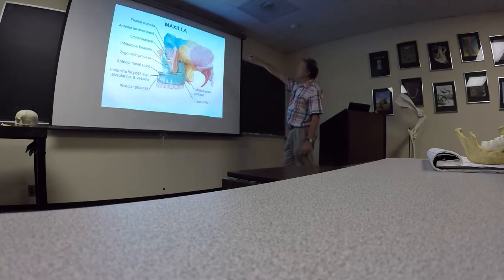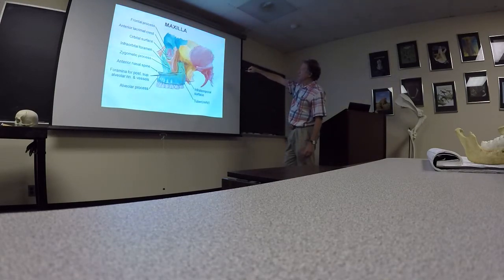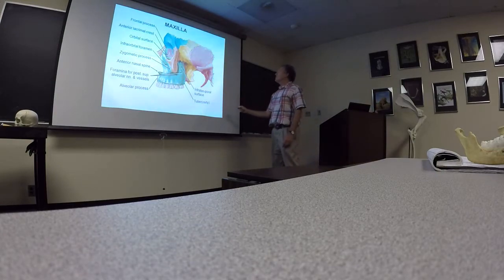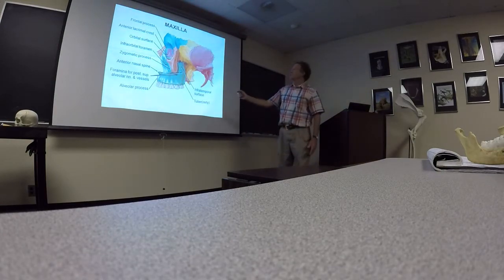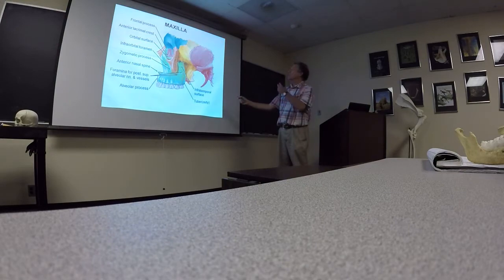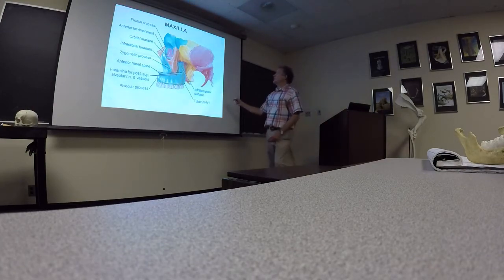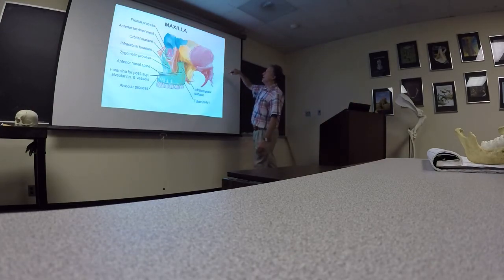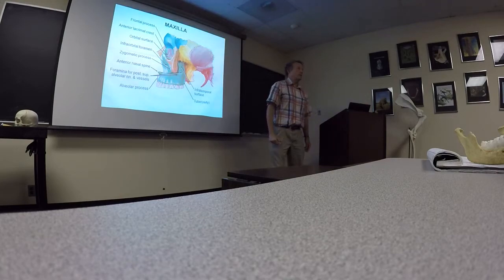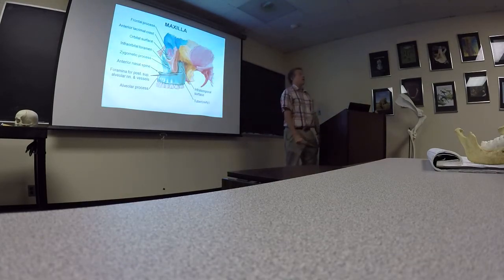The part behind the zygomatic, from which the zygomatic arch runs, is the infratemporal surface. This area back in here, which we will dissect one day, is the infratemporal fossa. It's a big depressed area with lots of bones, arteries, nerves and muscles that you'll have fun with.